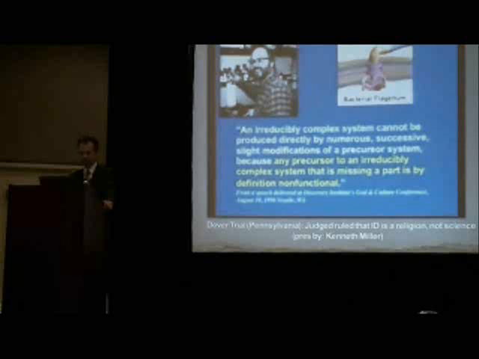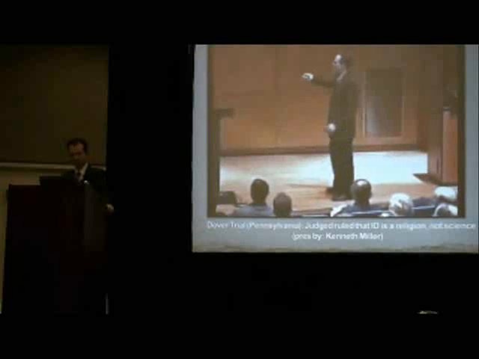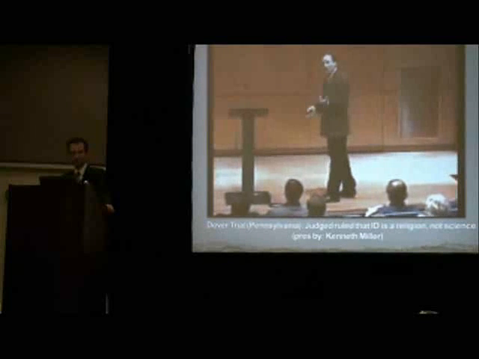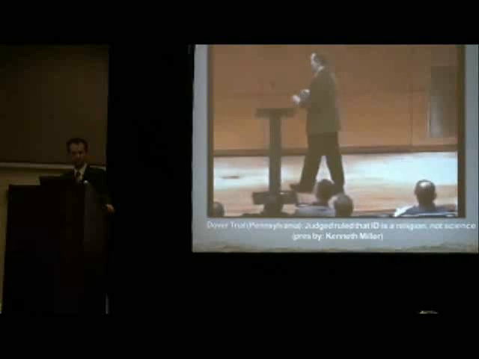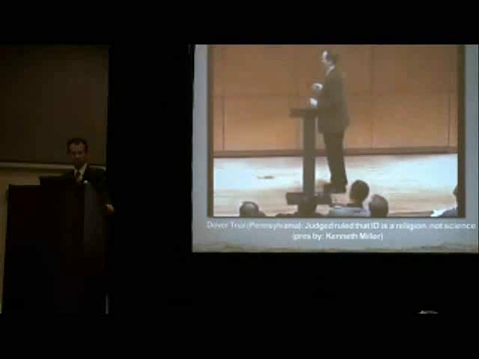The notion that these complicated biochemical structures couldn't have been produced by evolution has been championed by Michael Behe. And Behe has an idea that he calls irreducible complexity. And he says, you can't evolve these things because they're irreducibly complex. Notice what he says. An irreducibly complex system can't be produced the way that evolution works, by numerous successive slight modifications of a precursor system, because any precursor to an irreducibly complex system that is missing a part is by definition non-functional.